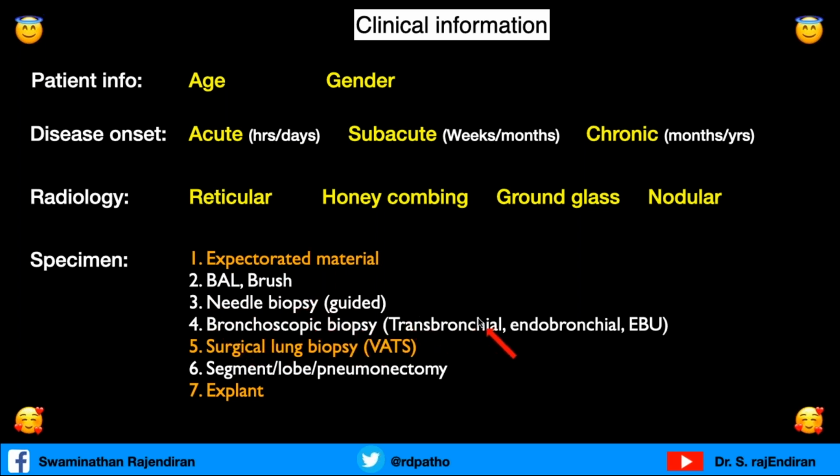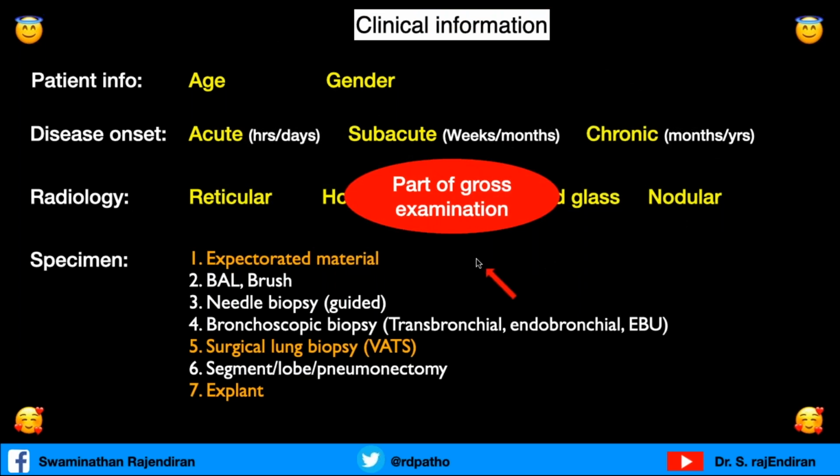Bronchoscopic biopsies, either transbronchial or endobronchial through EBUS, endobronchial ultrasound guided procedures. Surgical lung biopsy is also known as video-assisted thoracoscopic sampling, segmental or lobectomy or pneumonectomy, and explants in cases of transplant. These are all the 7 types of specimens you can receive in the pathology lab.